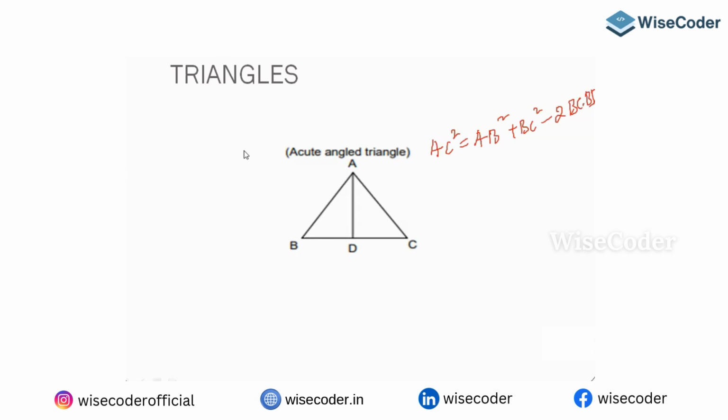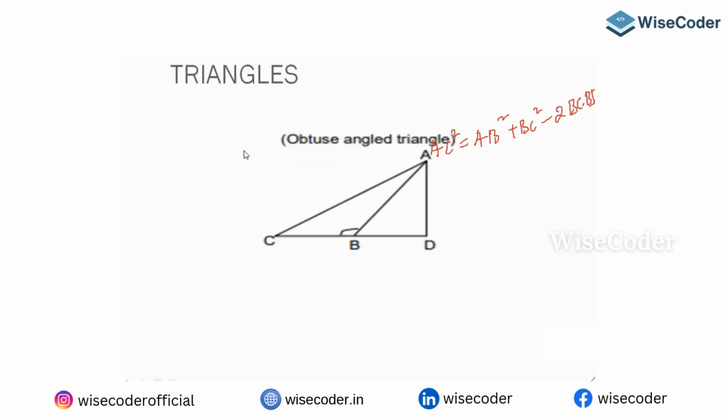So now what is an obtuse angle? In an obtuse angle triangle, the square of the side opposite the obtuse angle is greater than the sum of the squares of the other two sides.